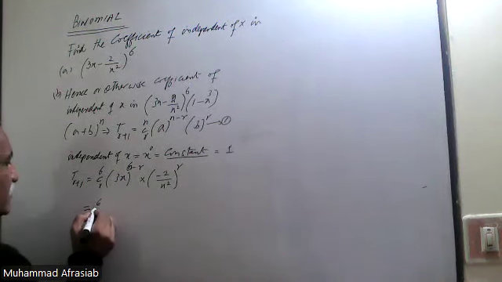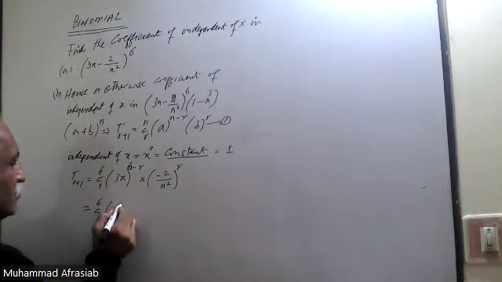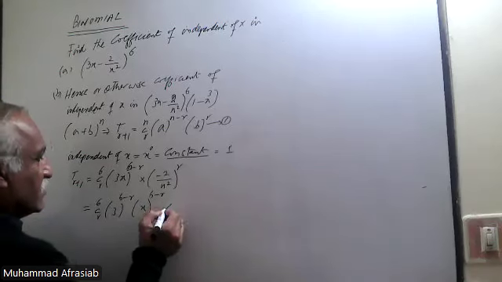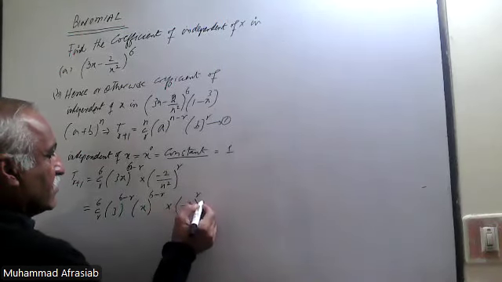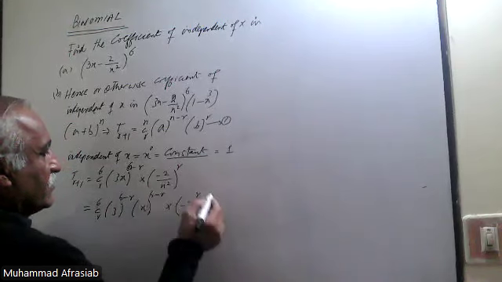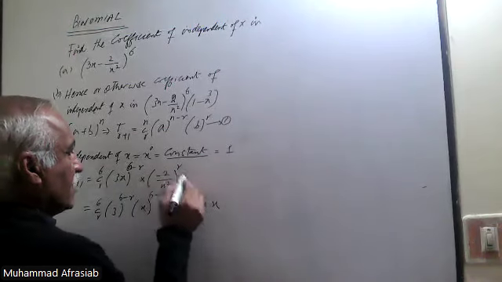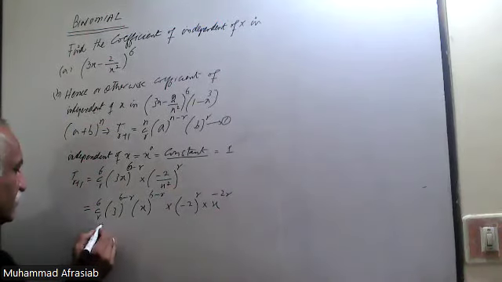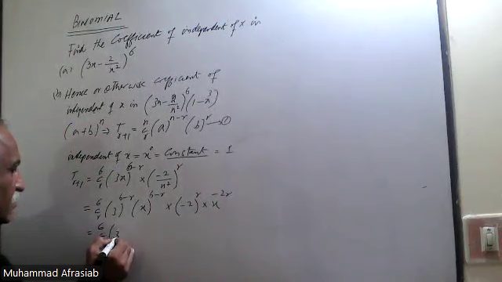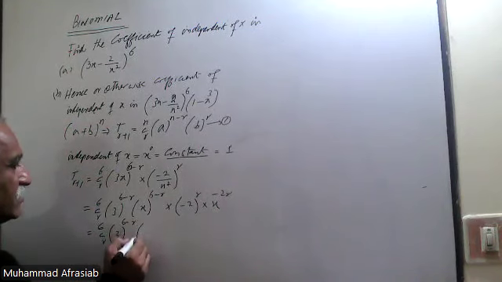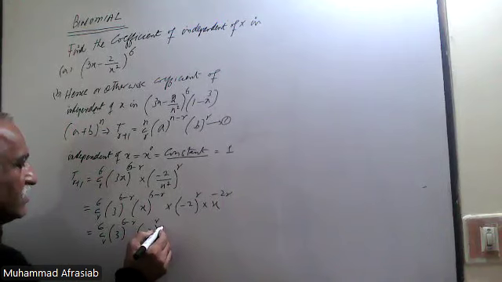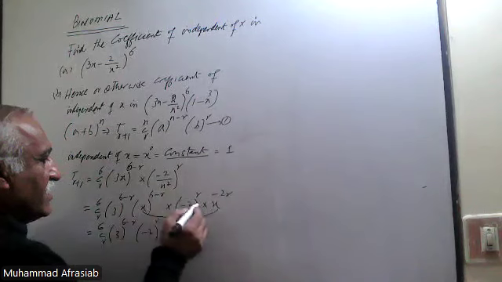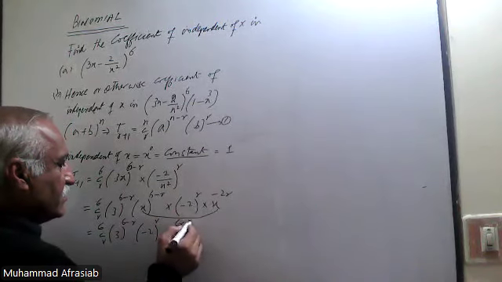This will become 6Cr into 3 power 6 minus r, x power 6 minus r, into minus 2 power r into x. When it is shifted to the numerator, this is x power minus 2r. This will become 6Cr 3 power 6 minus r into minus 2 power r into x, where bases are the same, so powers will be added and it will become 6 minus 3r.